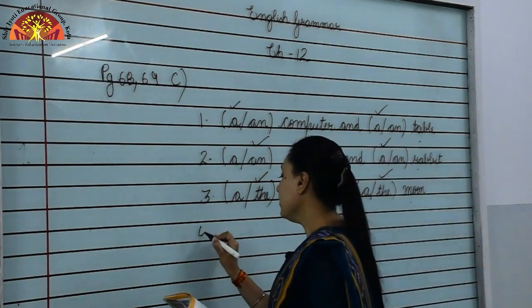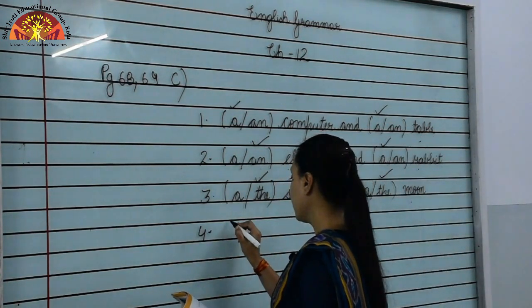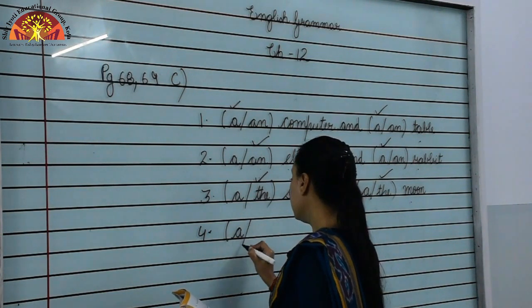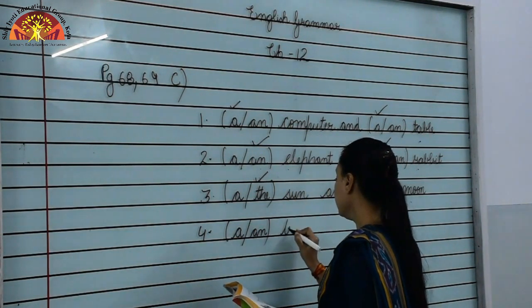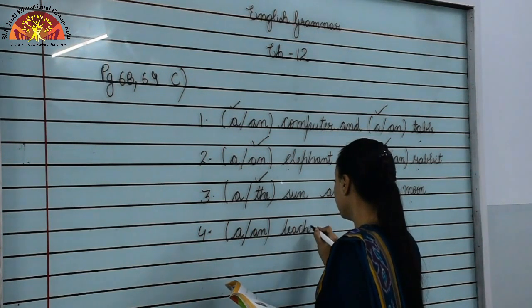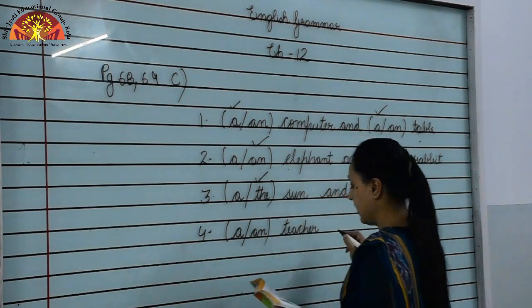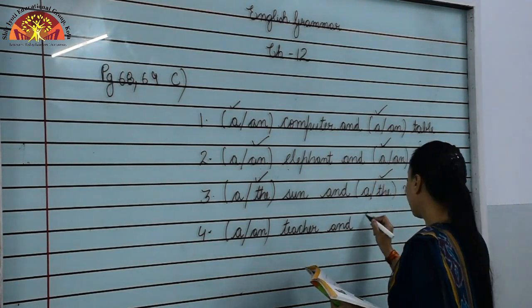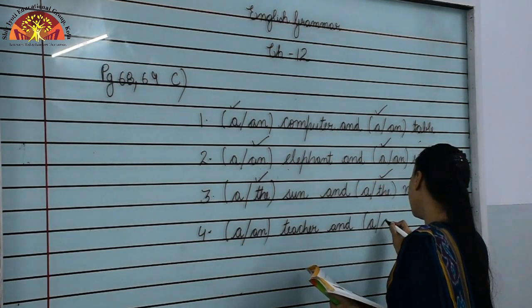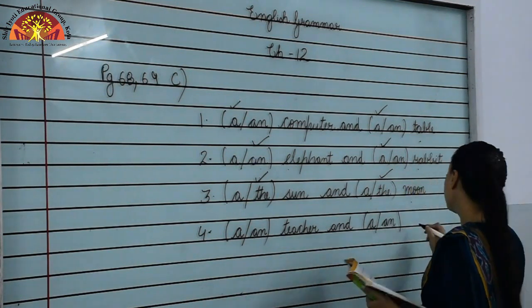Okay. Now number 4, options are a or an, teacher and a or an, student.